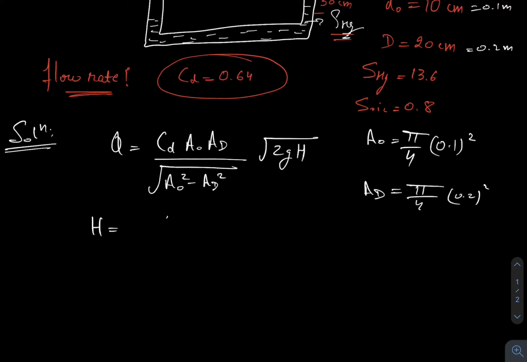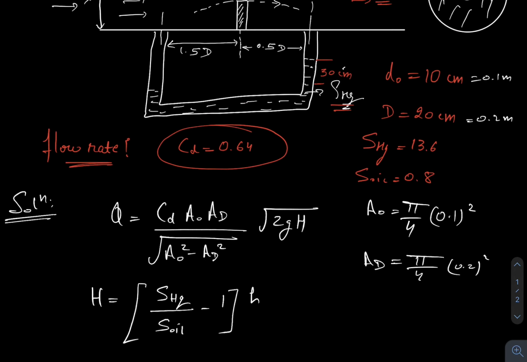H will be equal to S of Hg divided by S of oil, minus 1, multiplied by small h. What is small h? This 30 centimeter, the reading that we have taken on the mercury oil differential manometer.